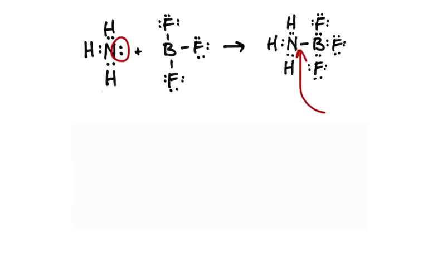So we're going to say that the NH3 is the Lewis base, and the BF3, because it has an empty orbital on the boron, is the Lewis acid. Now Bronsted-Lowry would have had trouble with BF3 being the acid because there's no proton being donated.